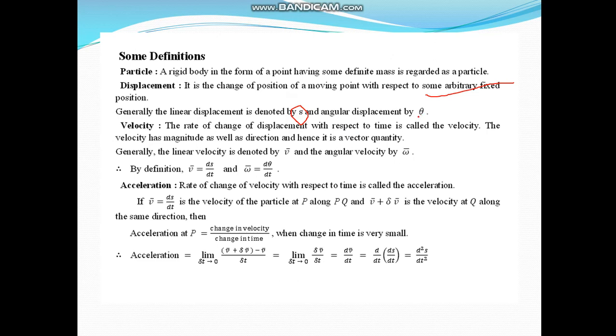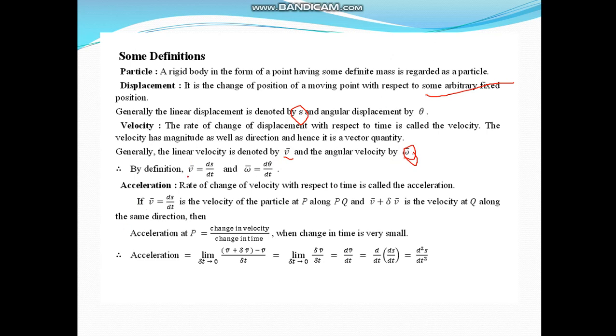Then velocity. Velocity, as you know very well, the rate of change of displacement with respect to time is called velocity. The velocity has magnitude as well as direction, and hence it is a vector quantity. So in this chapter we denote the linear velocity by vector v and angular velocity by vector w, or you can call it vector omega.